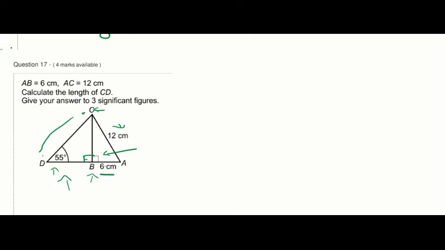So what I can see is that AC squared is equal to CB squared plus BA squared. Now AC is 12, so 12 squared is equal to CB, which is what we don't know, CB squared plus BA, which is 6 centimetres, so that's 6 squared.